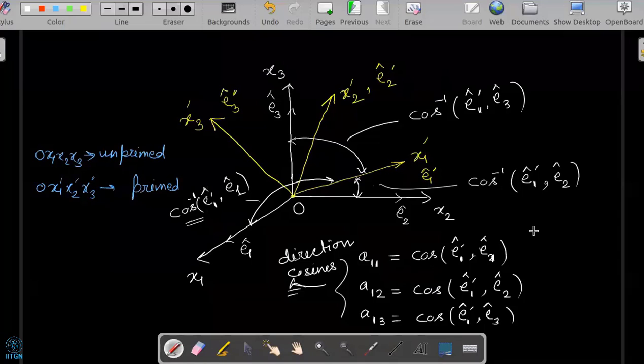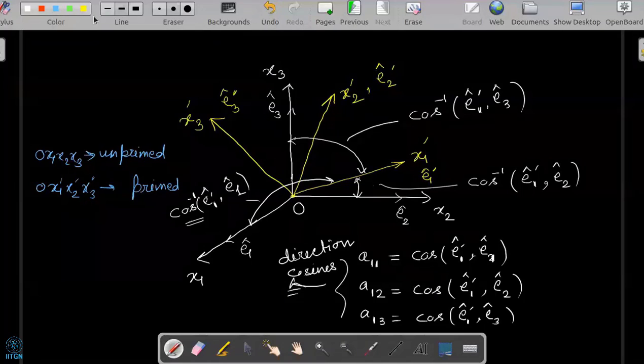Our objective is not only the vector, but also the tensor. I have discussed the coordinate system, how a rotated coordinate system can be expressed with the initial one, which we have seen and will see further.